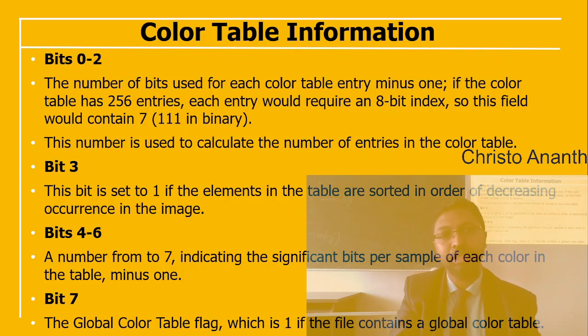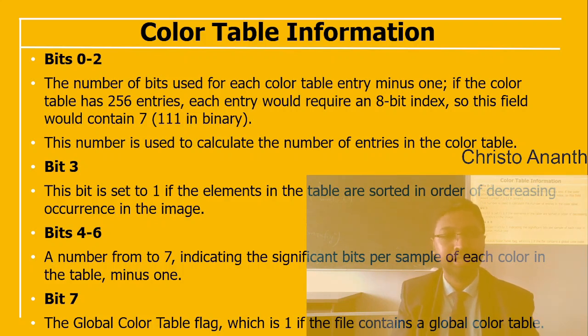Then bit 3 is set to 1 if the elements in the table are sorted in order of decreasing occurrence in the image. Then bits 4 to 6 indicate the significant bits per sample of each color in the table minus 1.